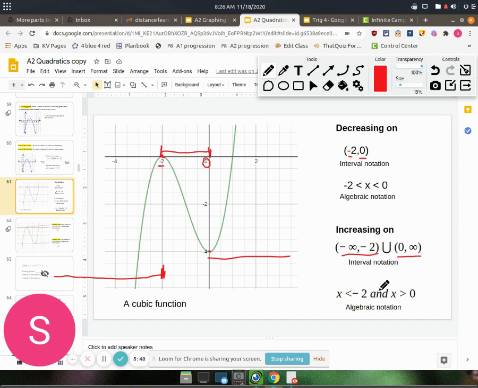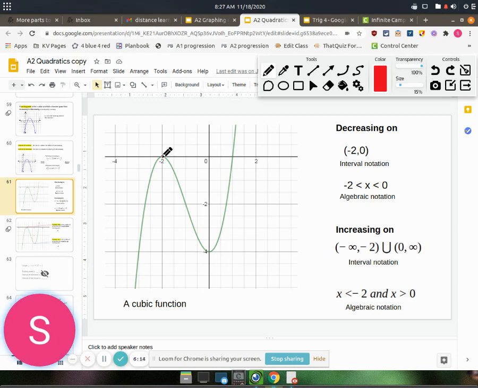While I'm here, notice how it's parentheses on all of these. It doesn't have the bar there. So these are all open dots, I guess, which means that it doesn't include the endpoint. It's decreasing from negative 2 to 0, but it doesn't include negative 2 or 0. That's what the parentheses mean.